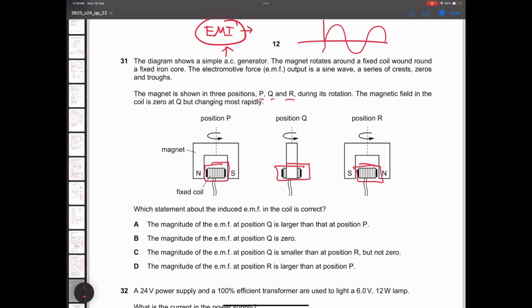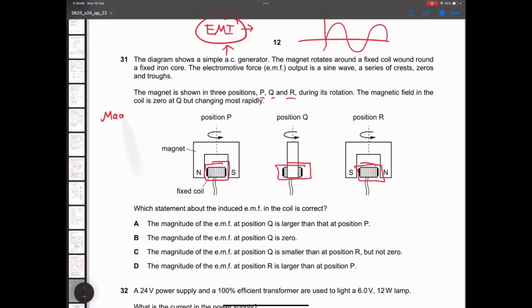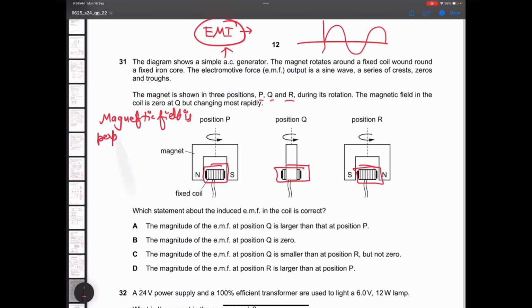Alright. So for this we need to recall that when the magnetic field is perpendicular to the coil, then the most EMF is generated. Because it is perpendicular, it will be cutting through the maximum number of coils.